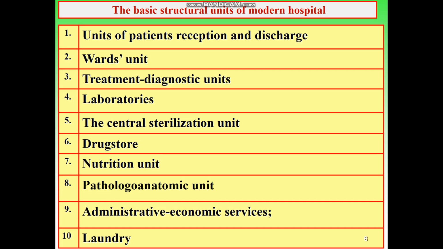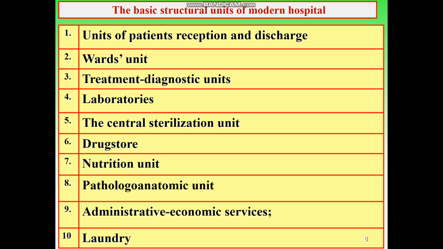Area for the hospital. There should be sufficient area for all buildings in the plan. The space of the area depends on the type of hospital planning, the number of beds in the hospital, and the profile of that hospital. The area of the hospital must have minimum sound pollution, good transportation routes, and good water supply and drainage, and be away from factories.